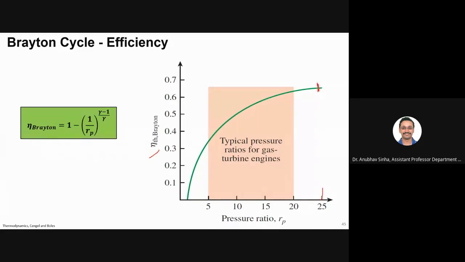But then your temperature also increases, and you need new or sturdier material. So that is the recent direction of R&D in gas turbine companies, that we try to get higher and higher pressure ratios and more efficiency.